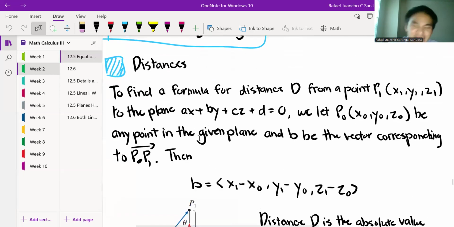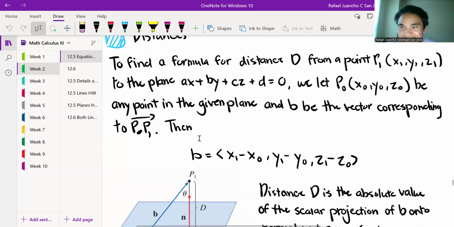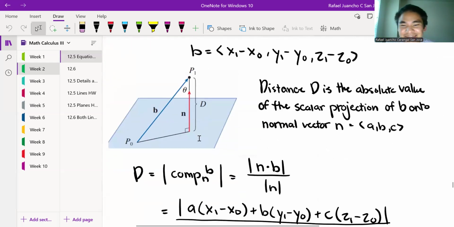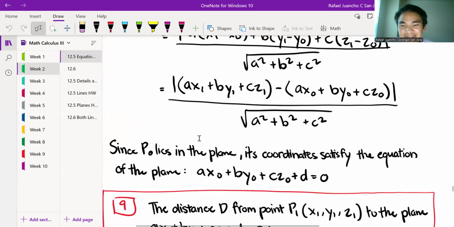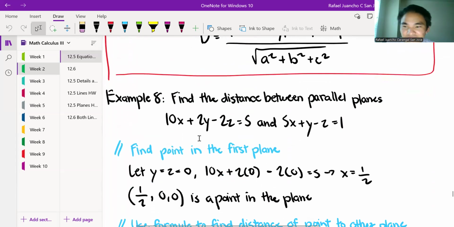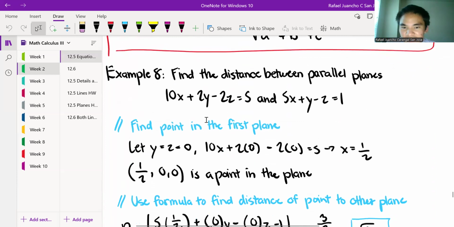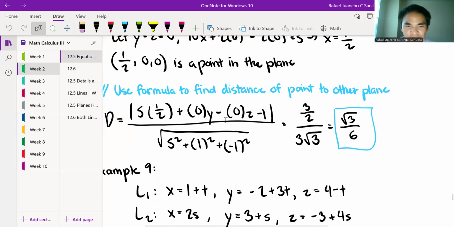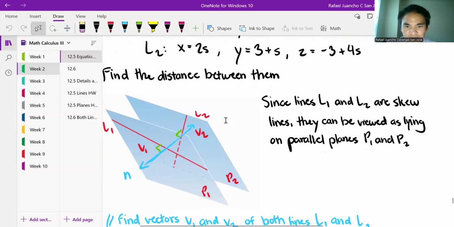Oh, we're only given lines. Yeah, this is tricky. Okay, find the distance between parallel planes. It's hard when you're figuring it out on your own. Parallel.